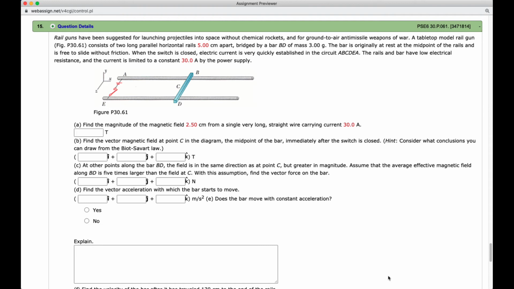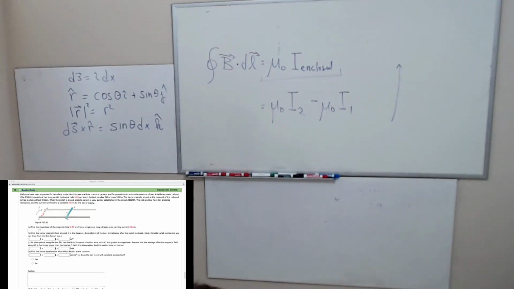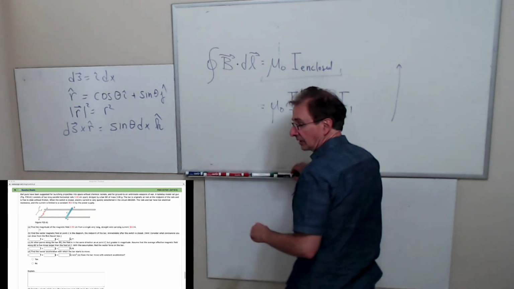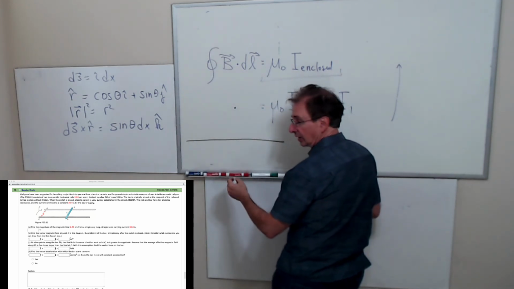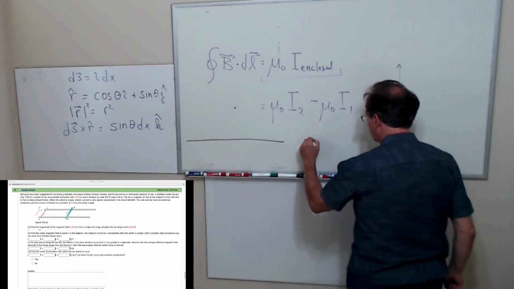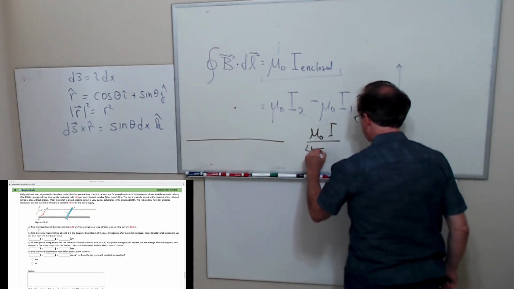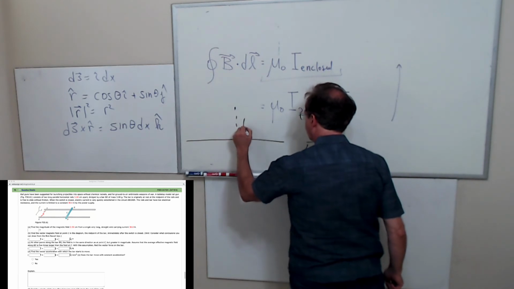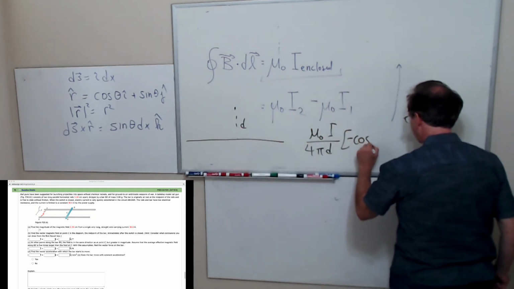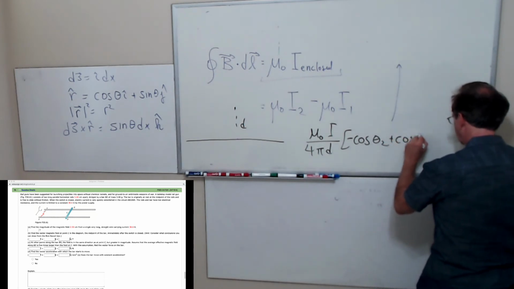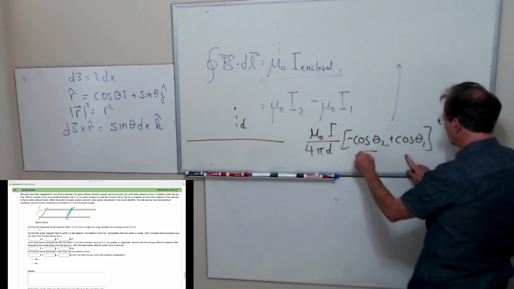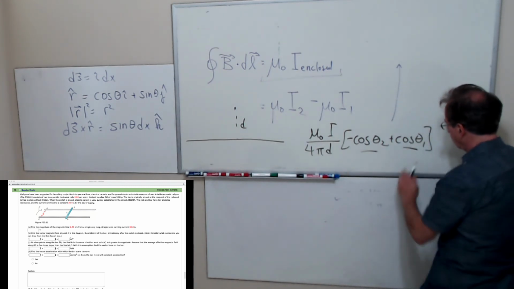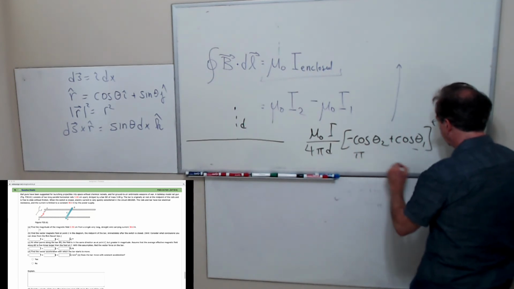If you remember when we applied the Biot-Savart law to calculate the magnetic field due to the wire, and we made it infinitely long, this angle was 0 and this angle was pi.